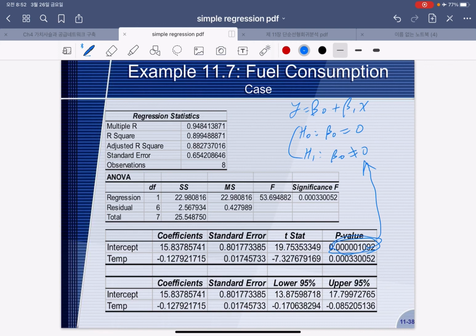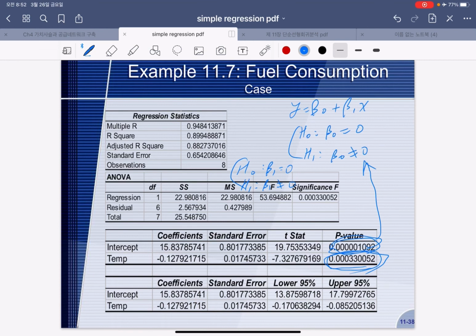Now, this p-value is for the slope, right? In this case, the null hypothesis is beta 1 is equal to 0, versus beta 1 is not equal to 0. Since this one is less than alpha, you reject the null hypothesis.